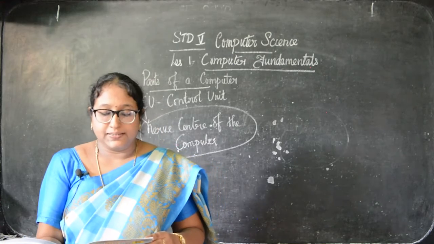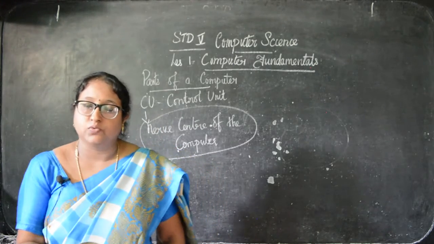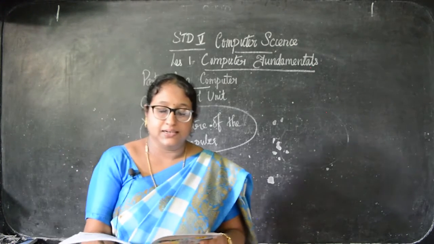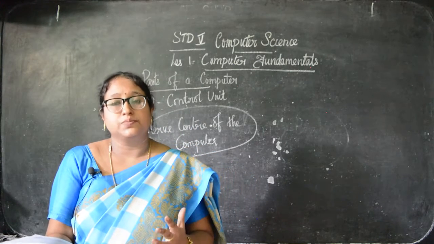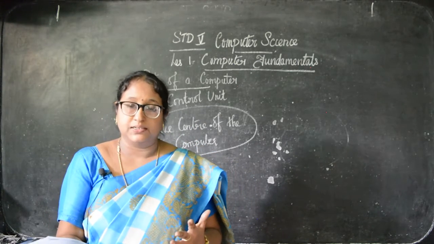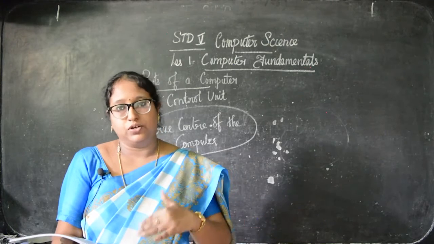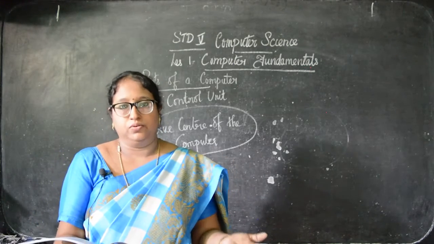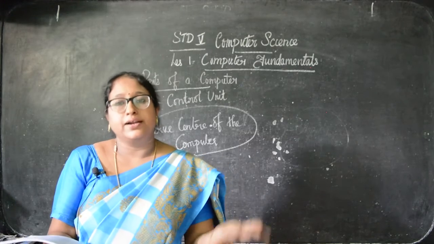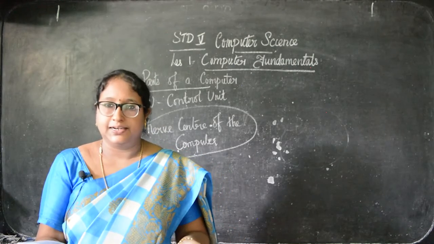Then the CU directs the input to the memory unit. So what is it doing first? It directs the input to the memory unit, interprets the instructions, and transfers the data from the MU to the ALU, that is, from the memory unit to the arithmetic logic unit for processing the data. Right, children?